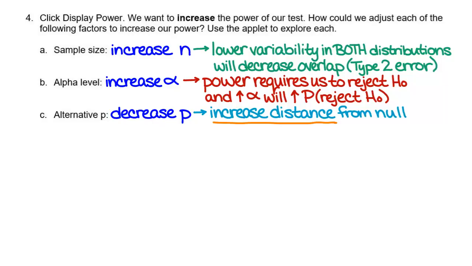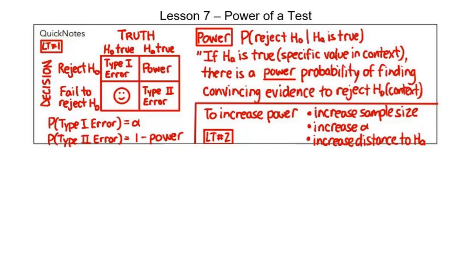Let's flip this over and look at our big takeaways. So here's that same little two-way table that we made yesterday. Rejecting the null when the alternative is true. We had a smiley face there yesterday.